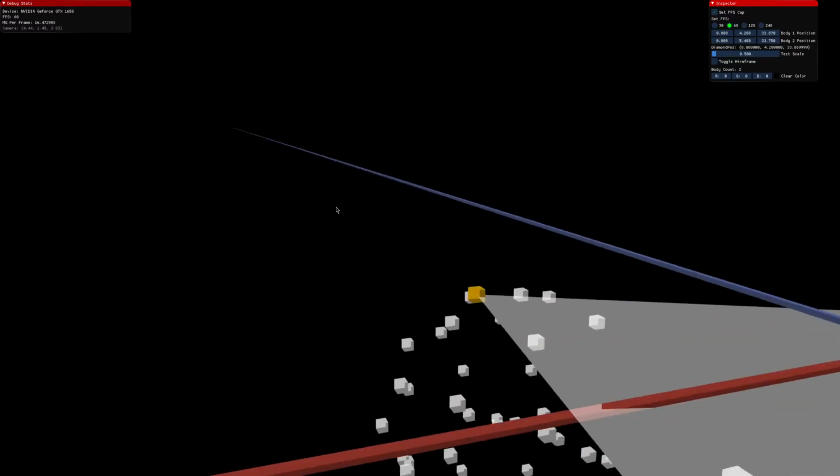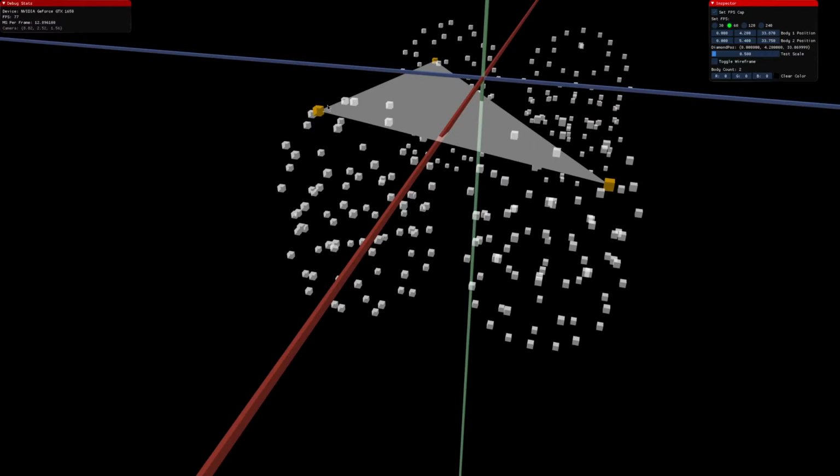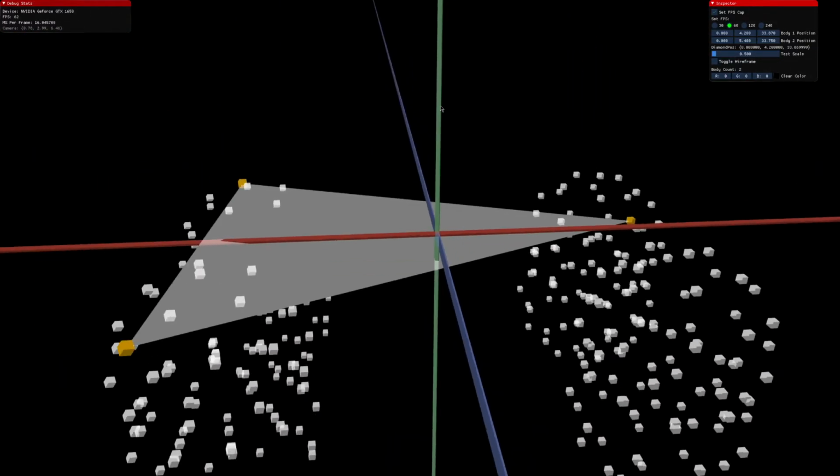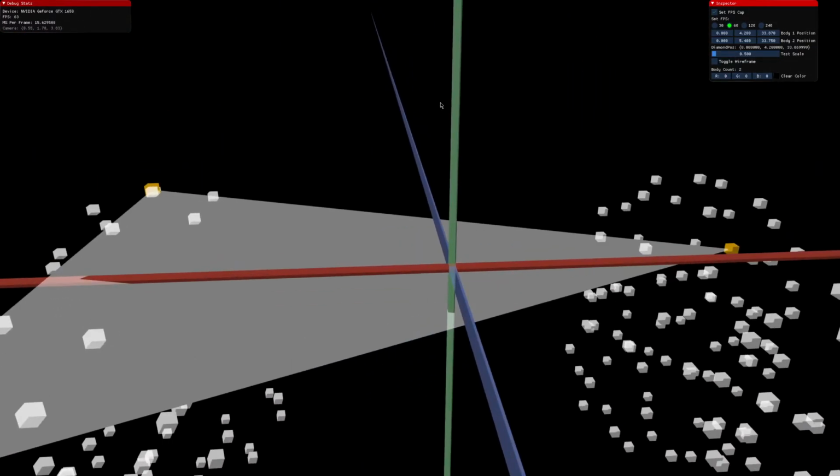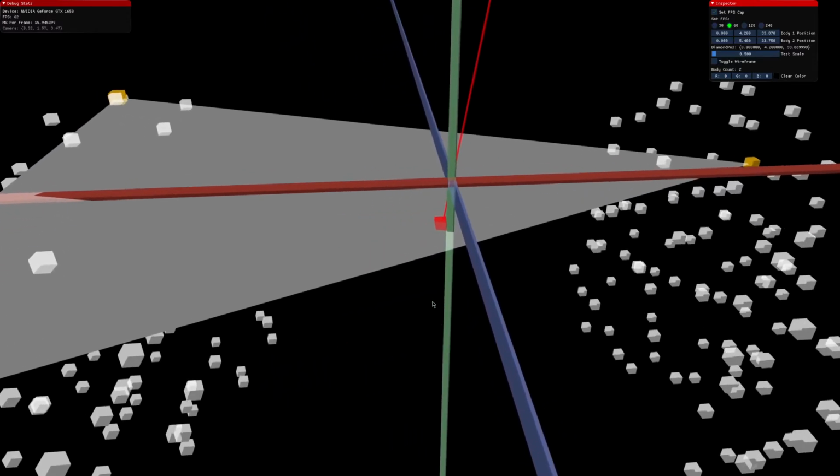It found this to be the support point, right, this one here, and now it checks whether the origin is inside the area of this triangle. If it's not, it tries to find the distance, or the projection of this origin onto the triangle, and with that you get a new direction. So in this case, we got a new direction.